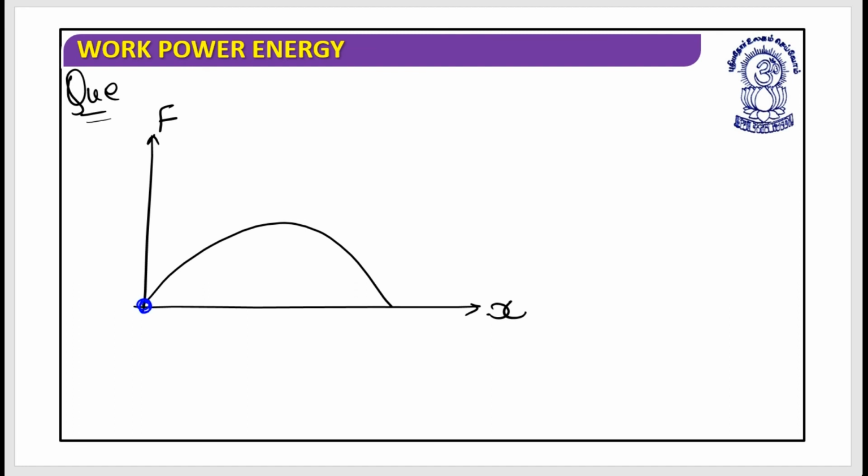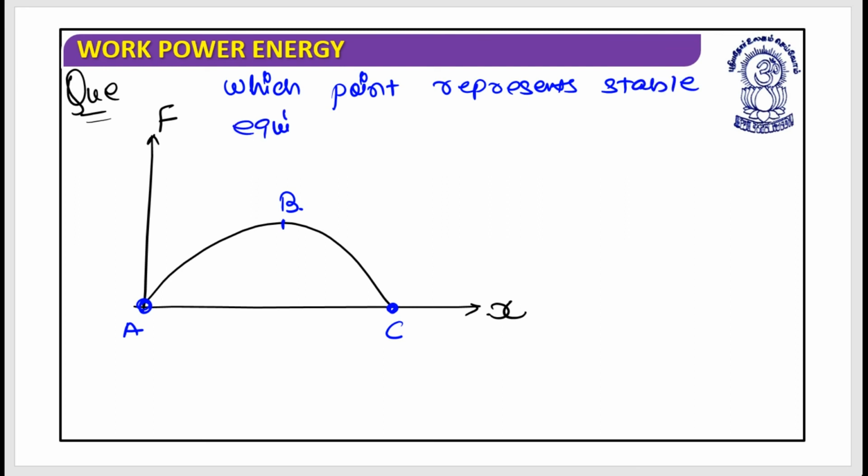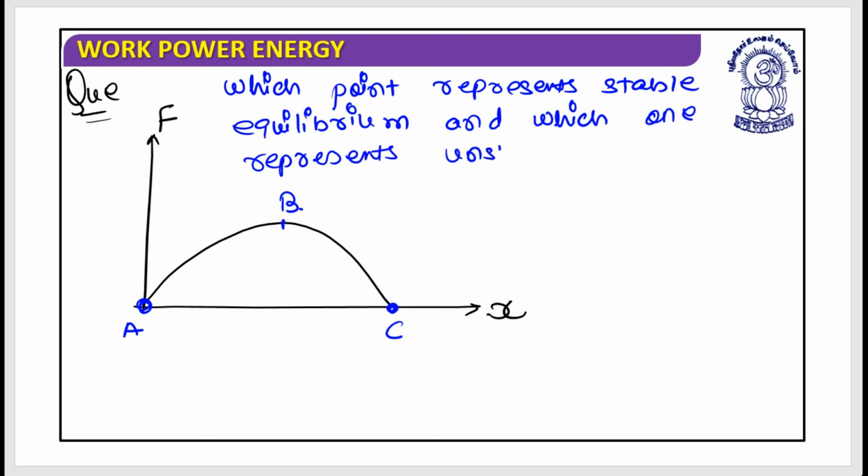They have mentioned 3 points: point A, point B, and point C. They want to know which point represents stable equilibrium and which one represents unstable equilibrium.